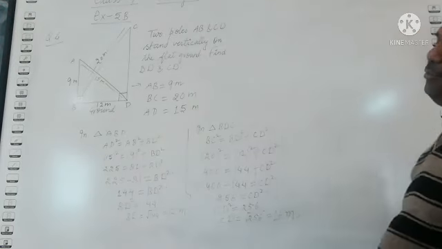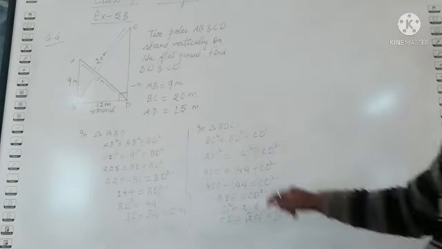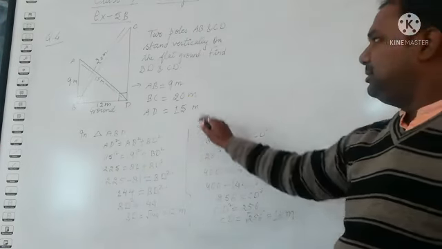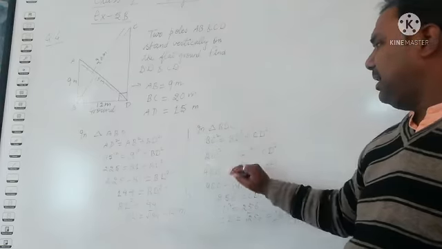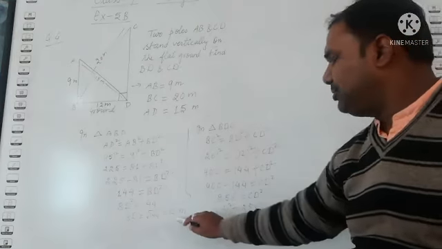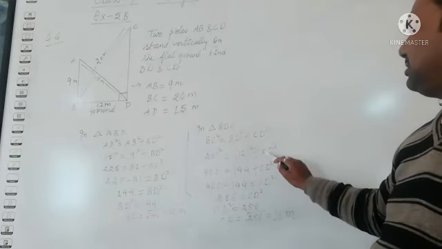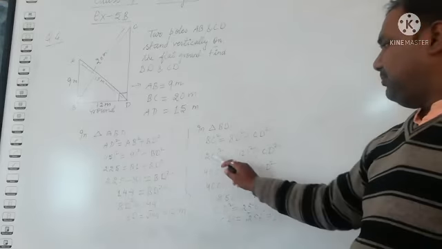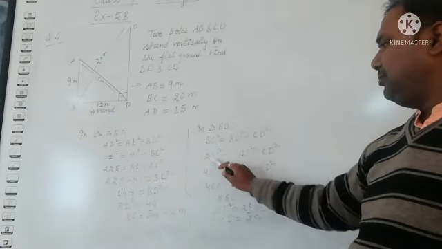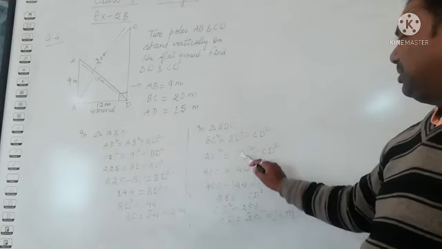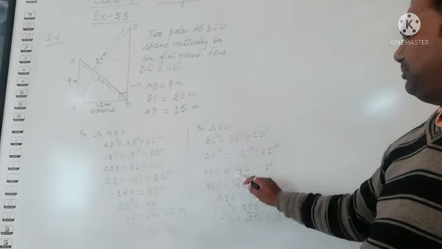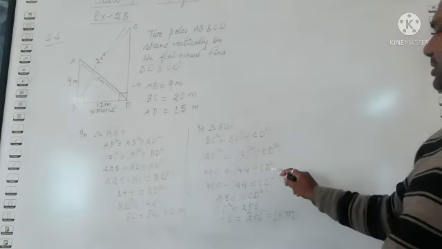Here also I have used Pythagoras theorem. So BC is 20 meter, so 20 square. BD we got the value 12, so 12 square plus CD square. 20 square is 400, 20 into 20, 400. 12 square means 12 into 12, that is 144 plus CD square.